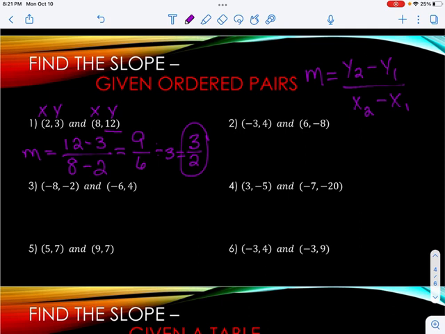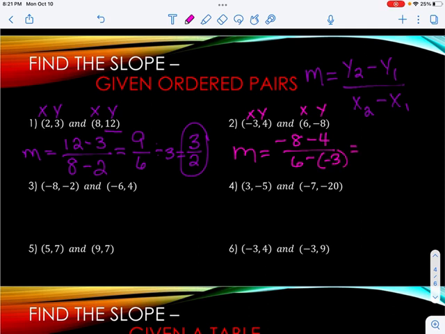Okay, let's try the second one here. So on the second one, we're going to go xy, xy. I'm just going to start with the negative 8. So negative 8 minus 4 over, since I started with the negative 8, I have to start with the 6 first, minus negative 3.